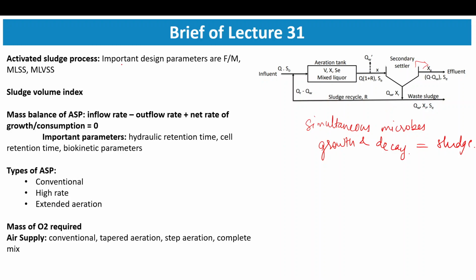Okay, so there are some parameters that need to be taken care of while designing or fixing the parameters. Few of them will be known to you, like the inlet concentration of BOD and the flow rate at which it goes in.